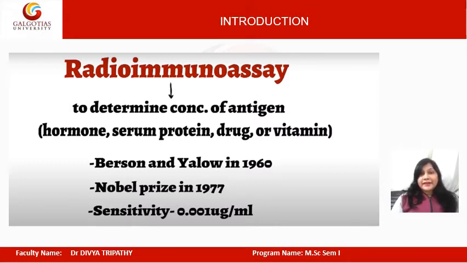RIA is very sensitive and very specific. This technique was given by Berson and Yalow in 1960 for the quantification of external bodies in the human system or human body. These scientists received the Nobel Prize in 1977, but unfortunately after their death.